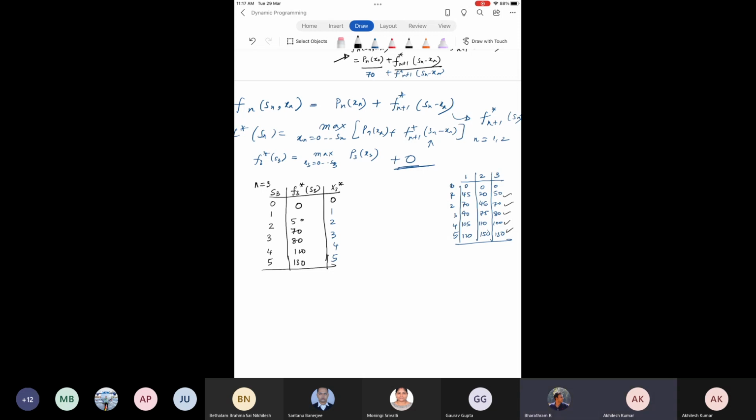Now coming to n equals 2. This is interesting. S2, X2. F2(S2, X2) is P2(X2) plus F3 star(S2 minus X2). Here I will write my F2 star S2, the optimal among all of them, and the decision X2 star.